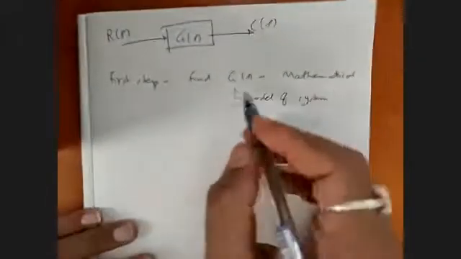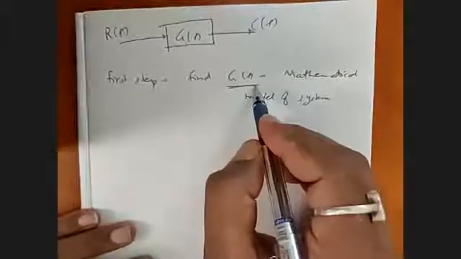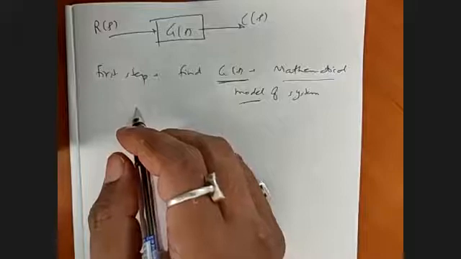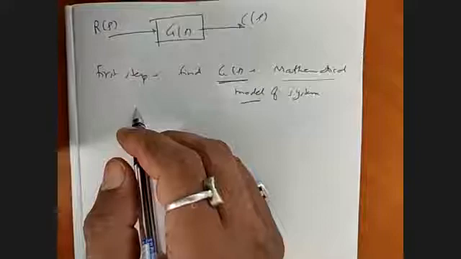So either if we are working on a control system, we will be finding G(s), or we can find the mathematical model, that means differential equations of the circuit. The first step is to find out the mathematical model or transfer function of the system.